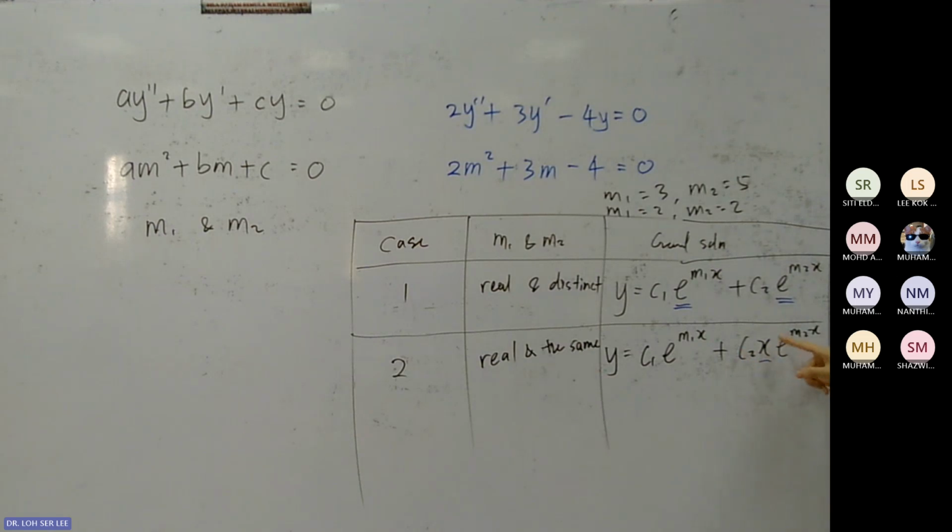The second term must have an extra x, so that y1 is e^(m1x) and y2 is x e^(m2x). These two are linearly independent. We insert an x because we want them to be linearly independent. So for the second case, when you see the same values for m, remember to insert an x for the second term. So for this case, the answer will be C1 e^(2x) plus C2 x e^(2x).